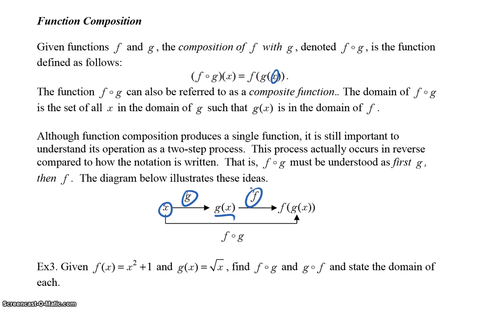So plugging x into g and then plugging g of x into f, this two-step process is essentially how we understand the function f composed with g. So in other words, f composed with g is one function, but it's understood in terms of a two-step process. First plug into g, then plug into f. This will hopefully become easier to understand when we look at some examples.